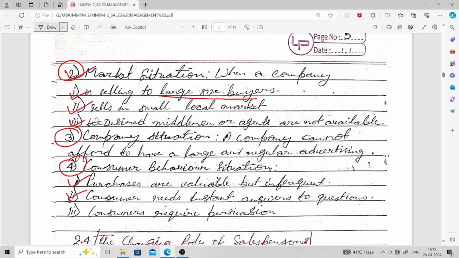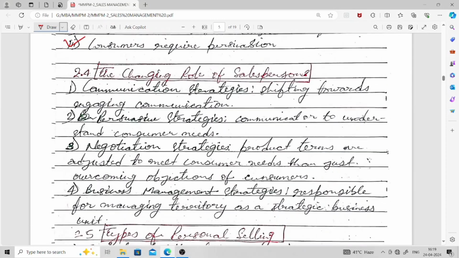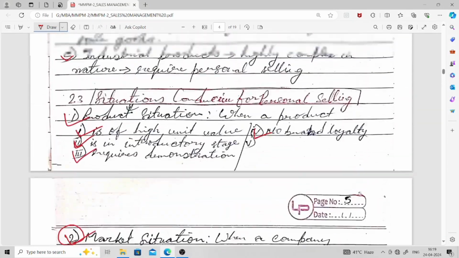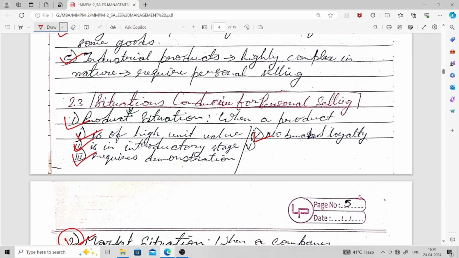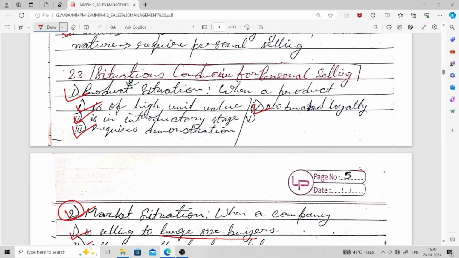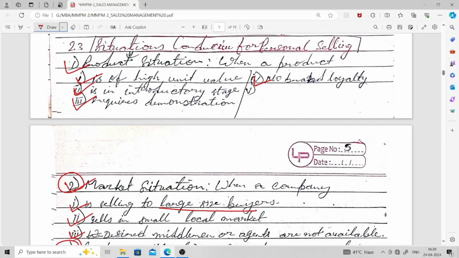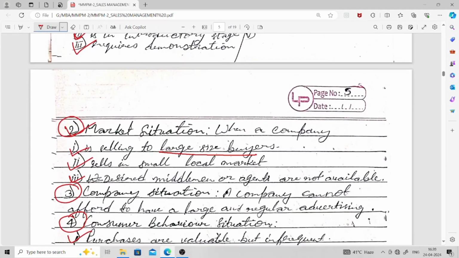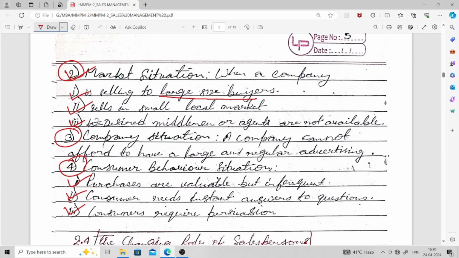Then you have a third one, that is consumers require persuasion. When the consumer requires persuasion, then also it is better to use personal selling. So that's about the situations conducive for personal selling. The first basis is the product situation, on the basis of different kinds of product. Second was the market situation, according to the different kinds of markets.